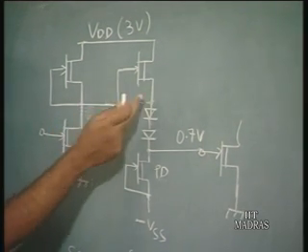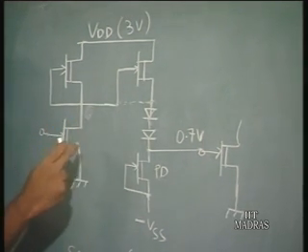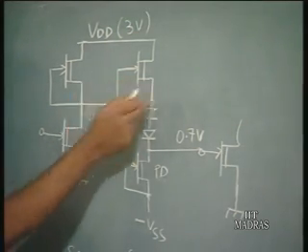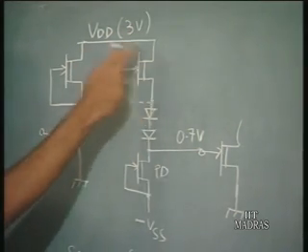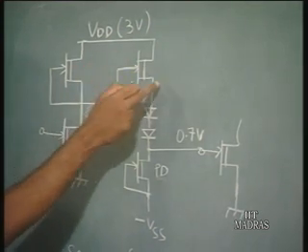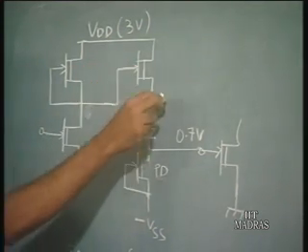So the gate to source voltage during this switching period is a very large negative voltage, which actually cuts off this source follower transistor. Since this transistor is cut off, there is no current flowing this way.